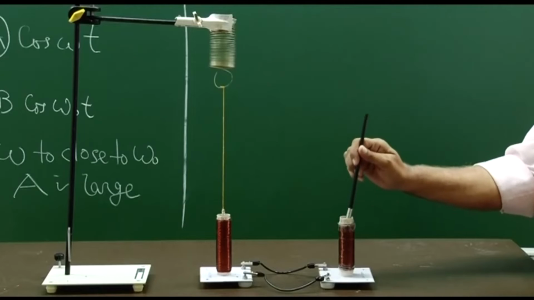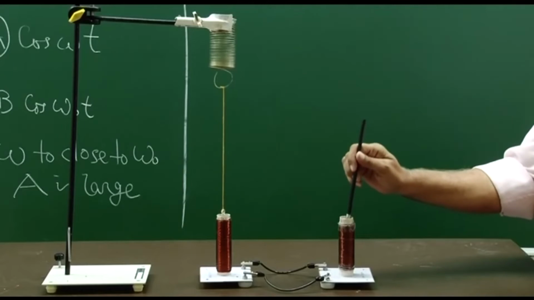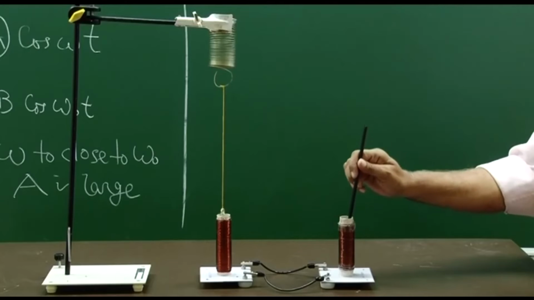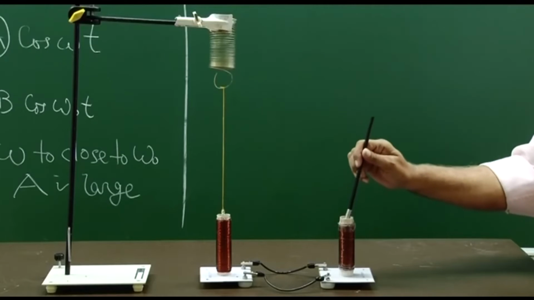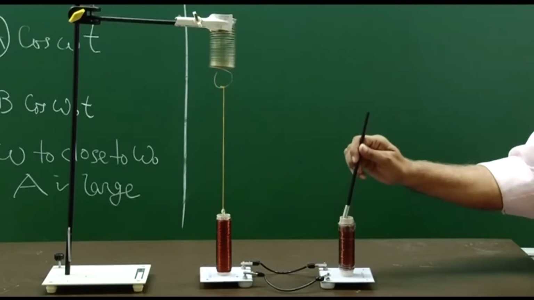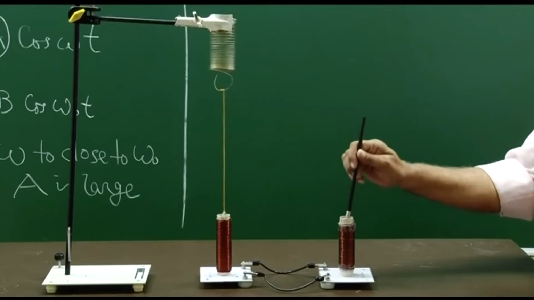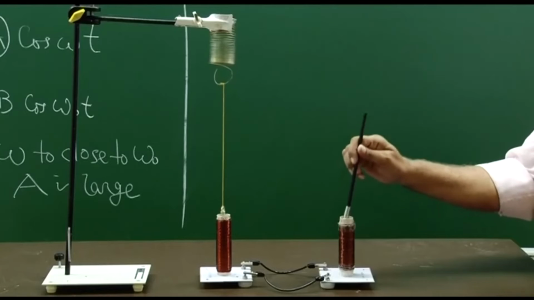And you see the magnet hardly oscillates. Now I am going with an intermediate frequency. And you see the amplitude of the oscillation.